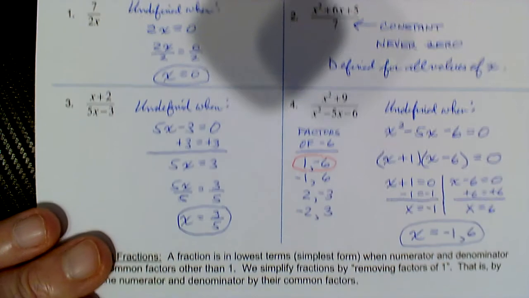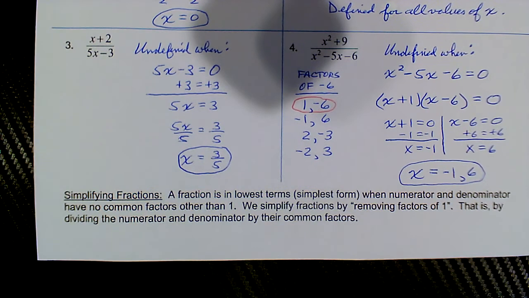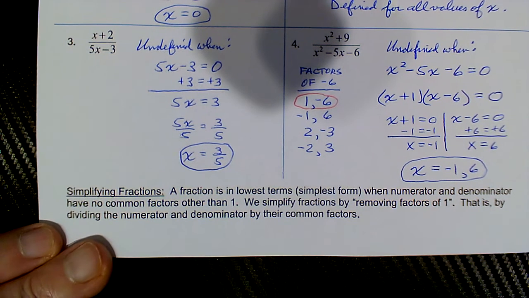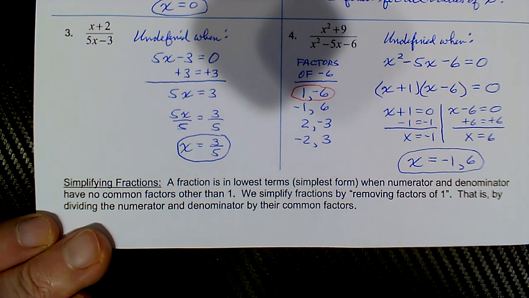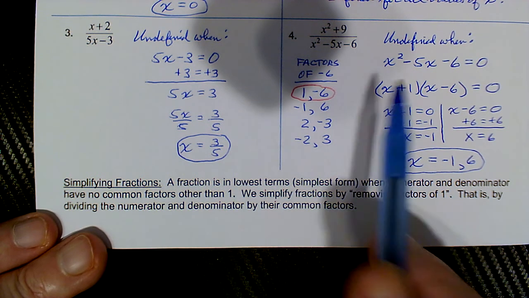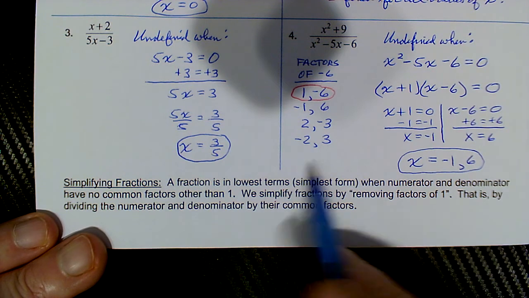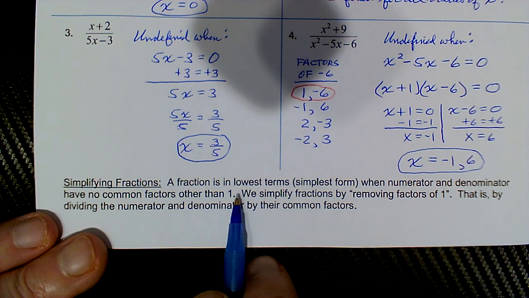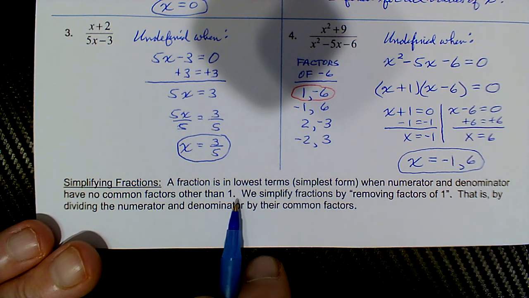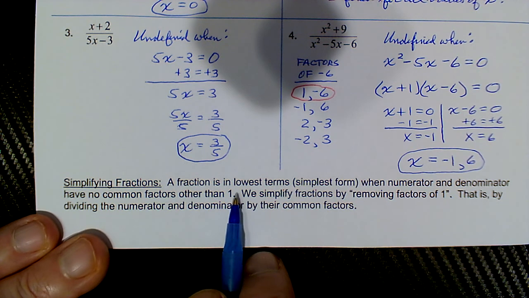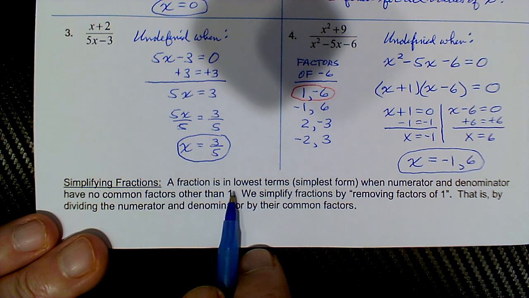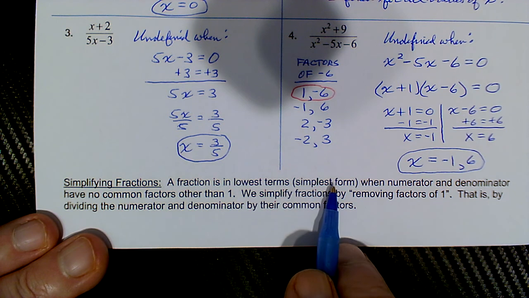One thing we want to do now is consider how do we simplify. So given an algebraic rational expression, how do we simplify? Well, let's go back to the concepts of simplifying numerical fractions. We say a fraction is in lowest terms or simplest form when numerator and denominator have no common factor other than 1.